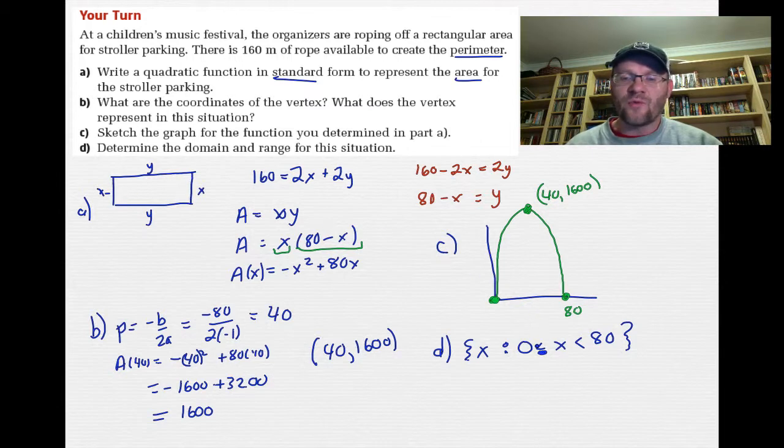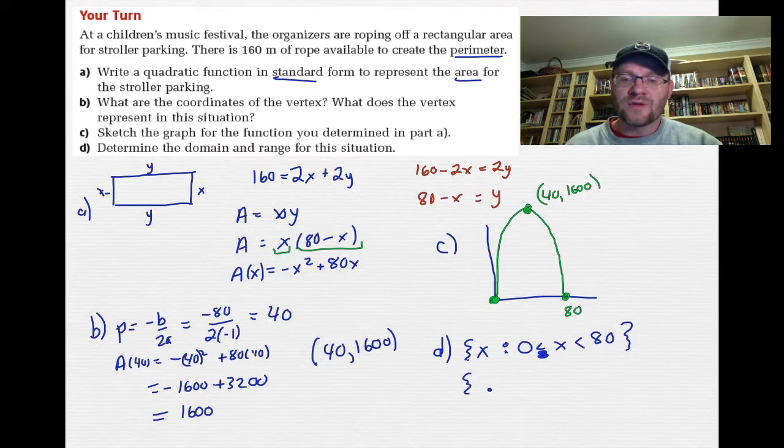If I had a length of rope that's 0, then I don't make a rectangle anymore. And if I have a length of rope that's 80, if this side's 80 and this side's 80, then there's no length for these other two sides. So it wouldn't be much of a roped off rectangular area for stroller parking. So in this case, I can't include the 0 or the 80.